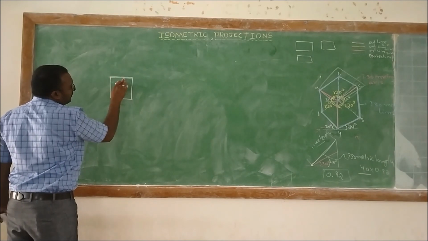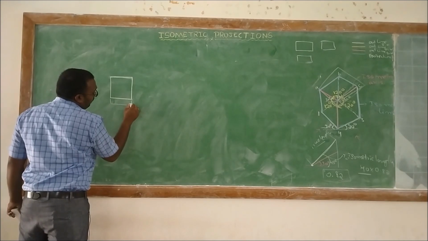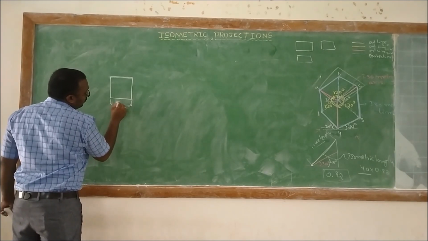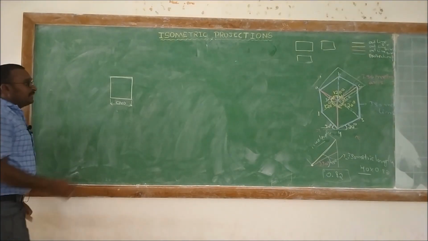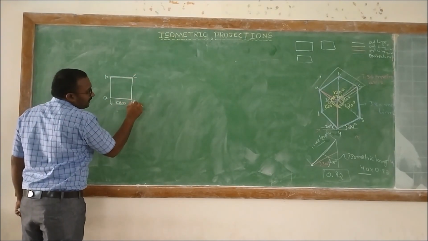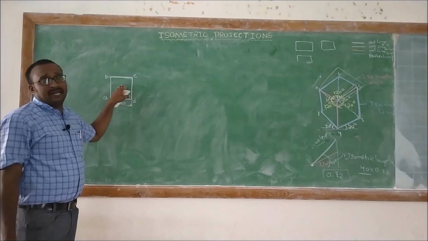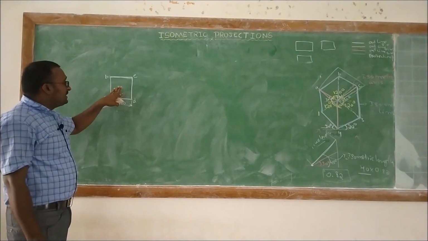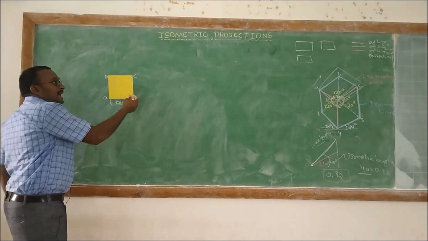Here it is the square lamina of 40 mm side, with corners A, B, C, D. So for this lamina, let us find the isometric view. Here it is the orthographic projection of this square lamina.